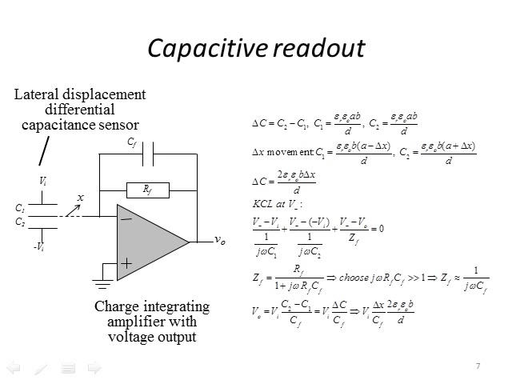The positive terminal is connected to ground, therefore the negative terminal is a virtual ground. We have an RC network in the feedback path between the negative terminal and the output terminal.